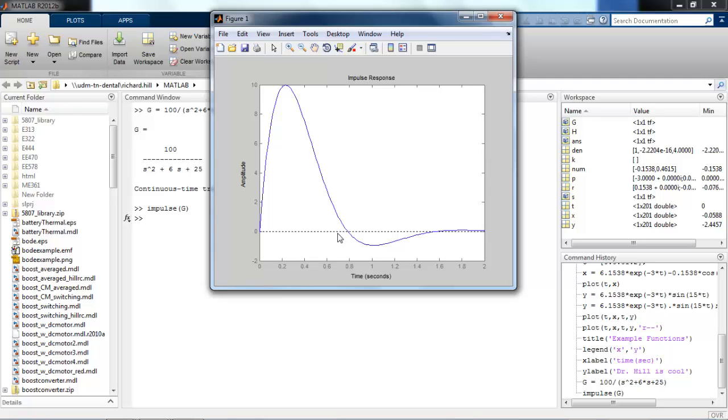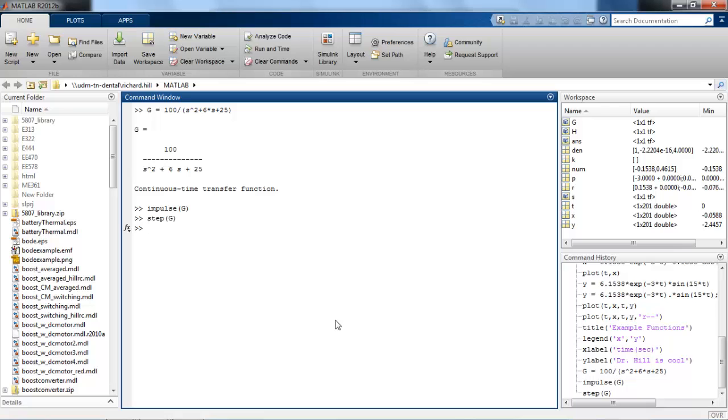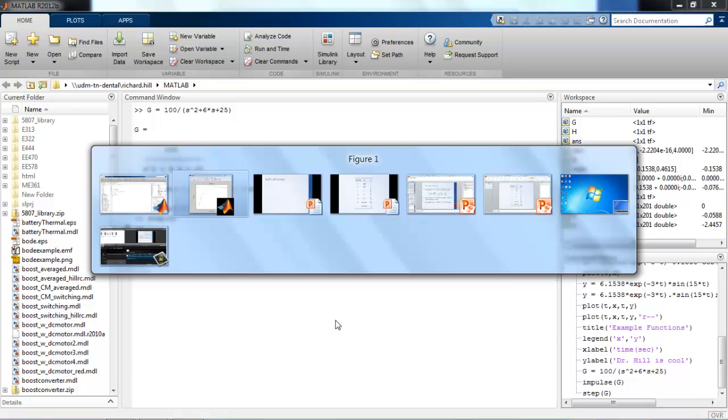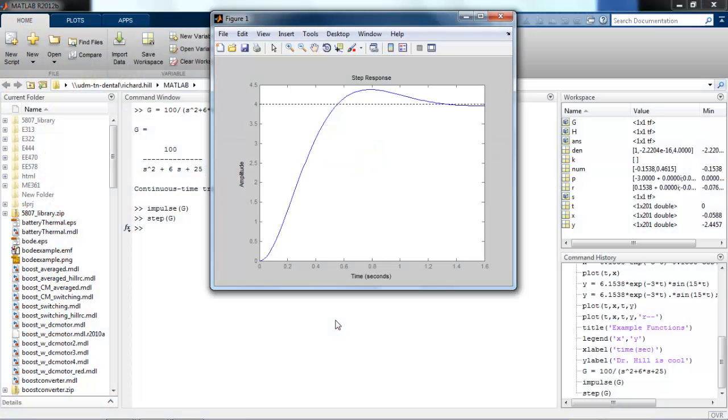It's a decaying sinusoid that decays to 0 as time goes to infinity. Similarly, we can find the step response of our transfer function by using the step command. For this, we saw that the output should be a decaying sinusoid with an offset of 4 added to it. And that's exactly what we found.